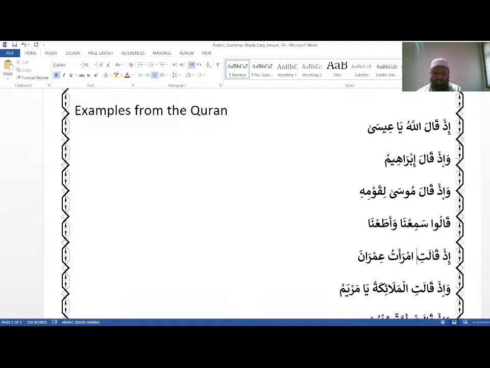This letter is part of the word malaikatu. The ta is not the muannas ta. Muannas is because of the broken plural. And all broken plurals are considered singular muannas, wahid muannas. And when the angels said, O Maryam.